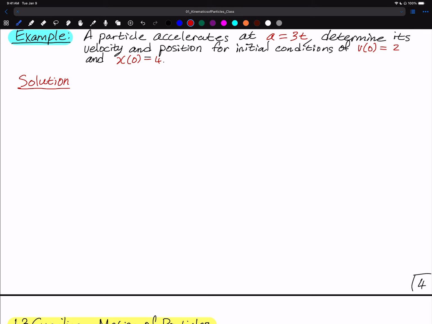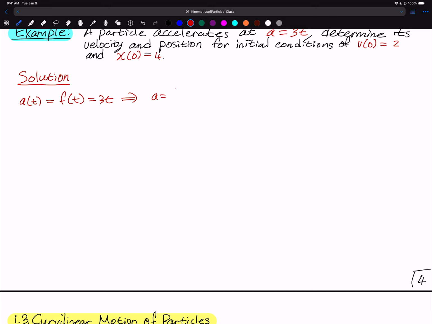Okay, so in this case, we have a of t, a function of t, equal to 3t. We are then going to say that a is equal to dv dt. From there, we'll split this up and integrate both sides. We'll have the integral from v0 to v of dv is equal to the integral from 0 to t of 3t dt.